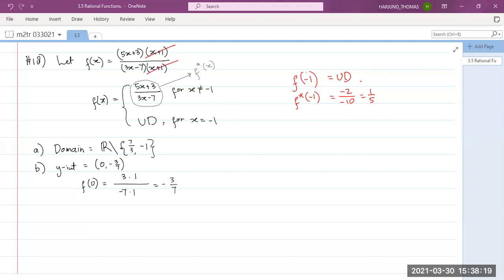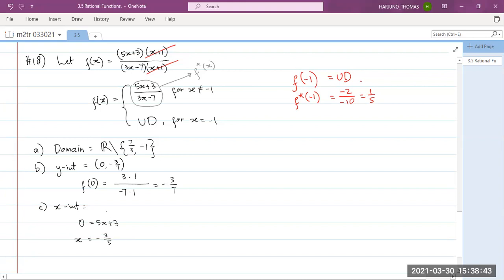Okay, how about the x-intercept? For the x-intercept, you look at the zeros of the simplified version. 0 equals 5x plus 3, right? When you solve that, you get x equals -3/5.